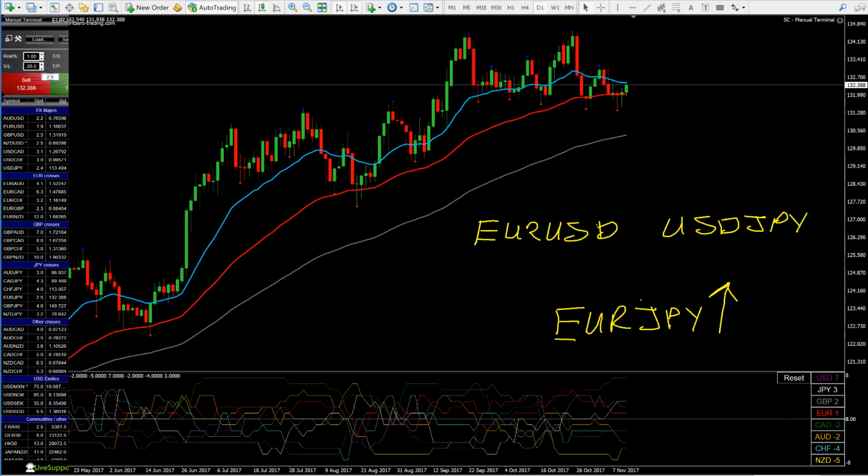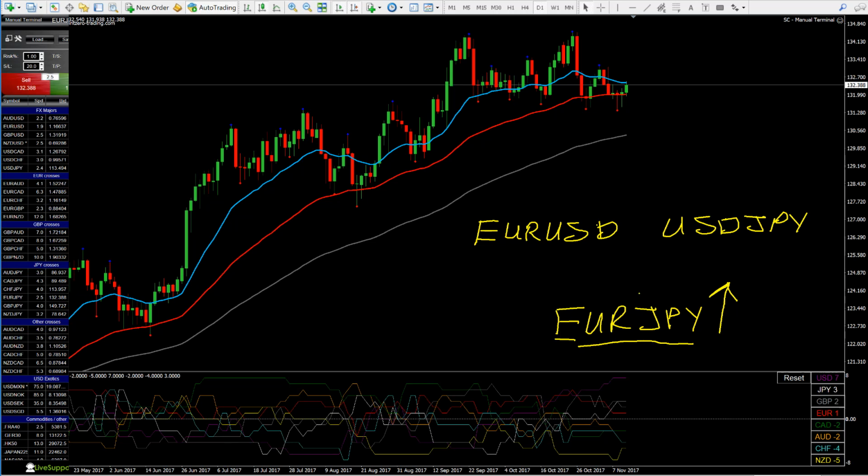Okay, for this chart to move, so this chart we're looking at is euro yen. For this chart to move, what we actually need is for these two to move. We need euro dollar and dollar yen charts to move to cause the movement in this one.